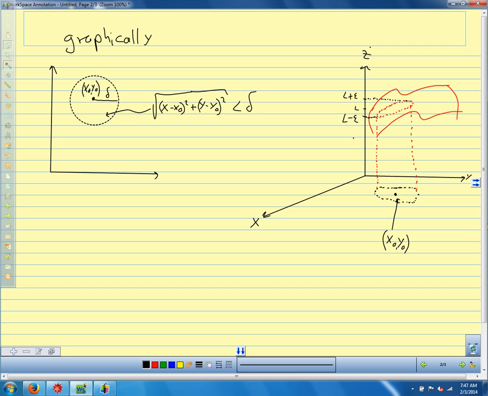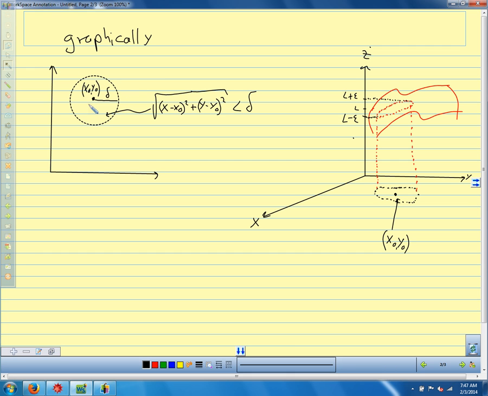the limit didn't exist. Well, for a multivariable function, the idea of approaching from the right and approaching from the left really doesn't hold. So we can approach (x0, y0) along any path, and our limit has to be the same on any path that we approach (x0, y0) along in order for our limit to exist.